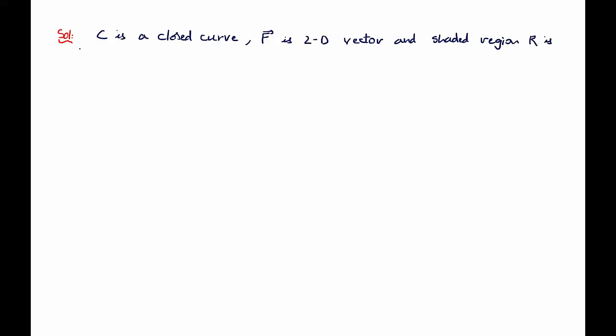C is a closed curve, F is a 2D vector, that is a two-dimensional vector, and the shaded region R is bounded by C in the xy plane.